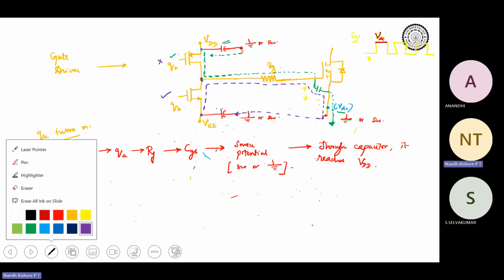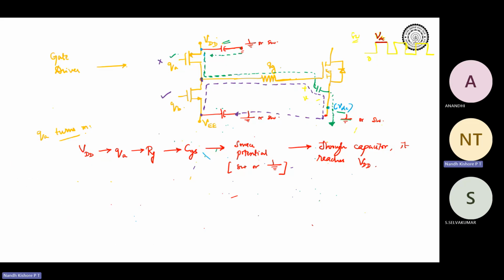So what is this VDD? Let's say we tell +15 and -5. This will be VDD and VEE. But what is +15 and -5? +15 and -5 volts with respect to the switching node for the top device, and +15 and -5 volts with respect to power ground for the bottom device.